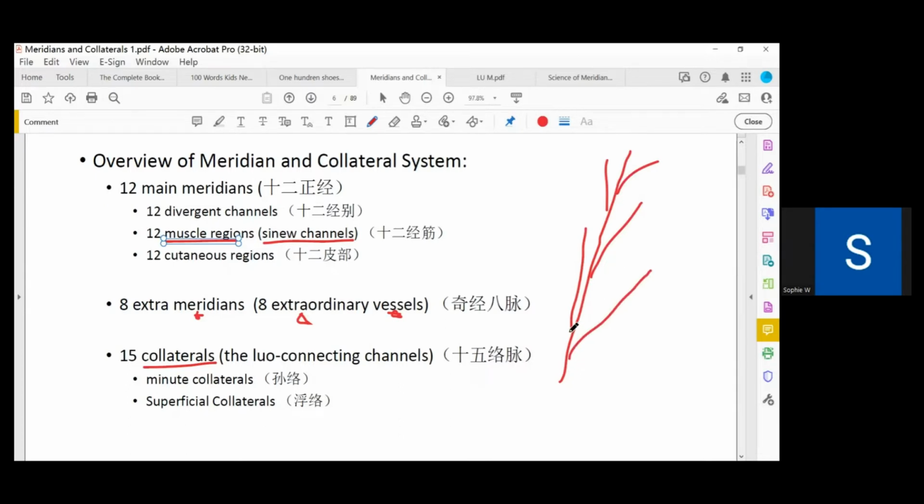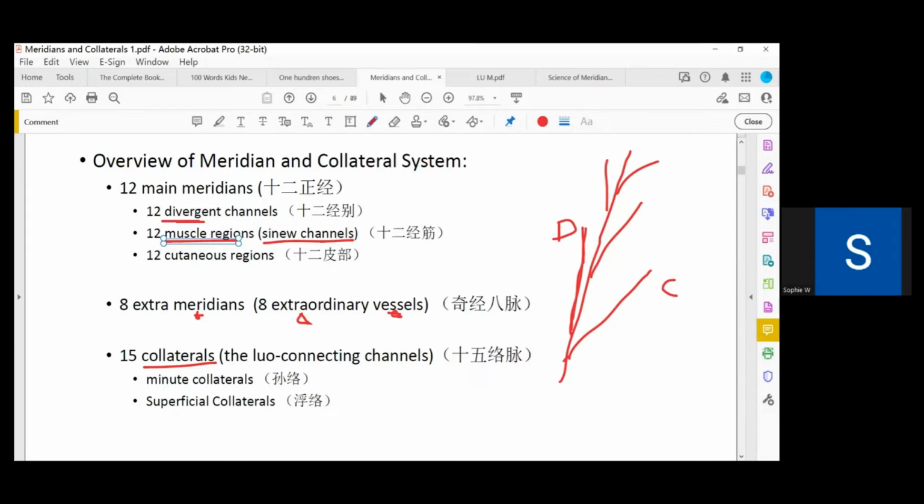Some branches, for example, this branch, this one's special. We call it a divergent. And this one, also this one is special. We call it collateral.